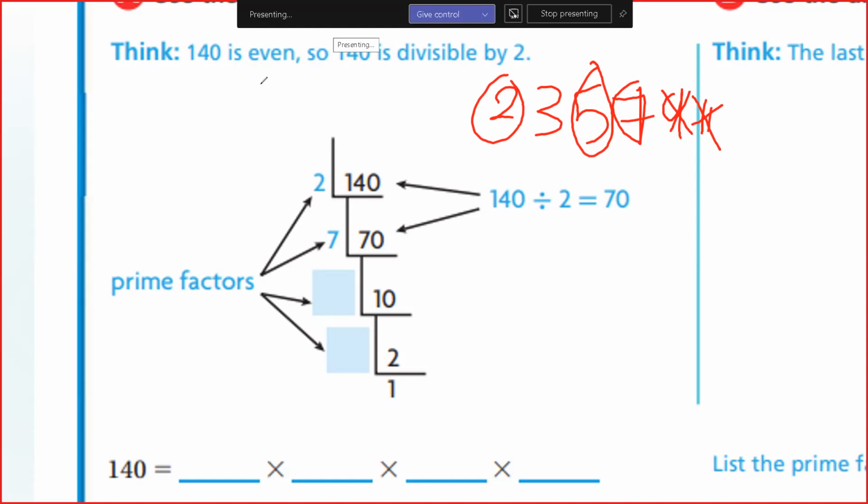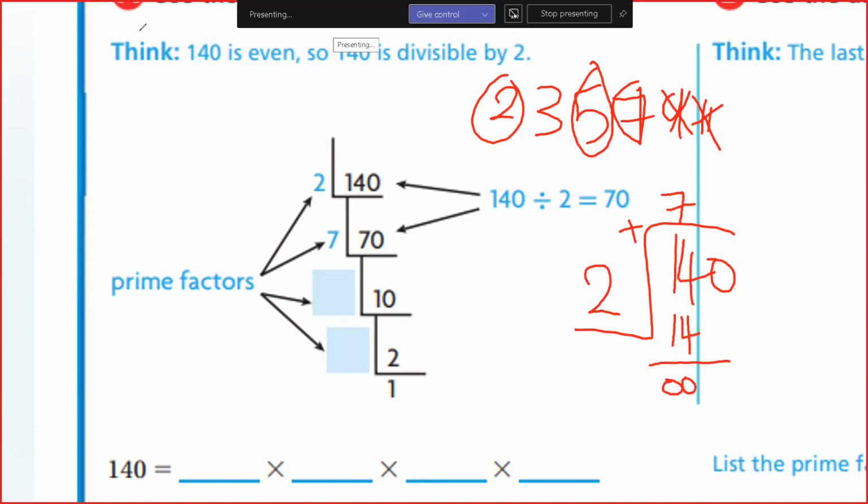We have number 2 here. Then 140 divided by 2. Let's divide 140 by 2. 14 over 2 is 7. 7 times 2 is 14. Here we have a 0. We put the 0 down. So what will be the quotient? It's 70. After that, I wrote 70 down.